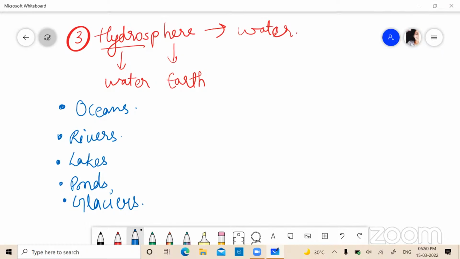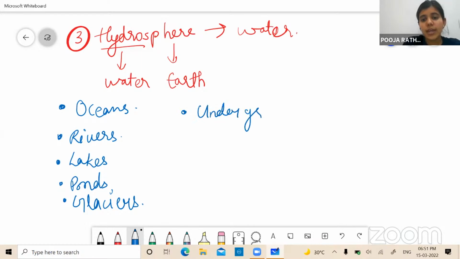And one more is underground water that we get from wells. So all areas which contain water come under hydrosphere. Also one more is there, water vapor. Water vapor will come under hydrosphere only.